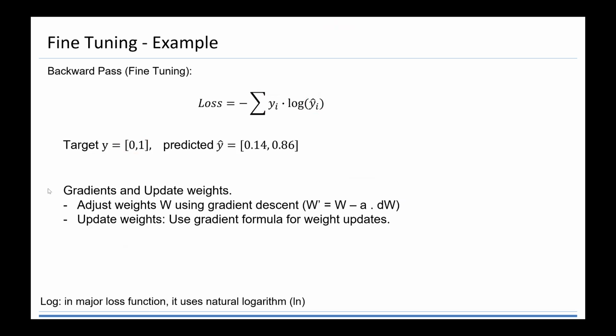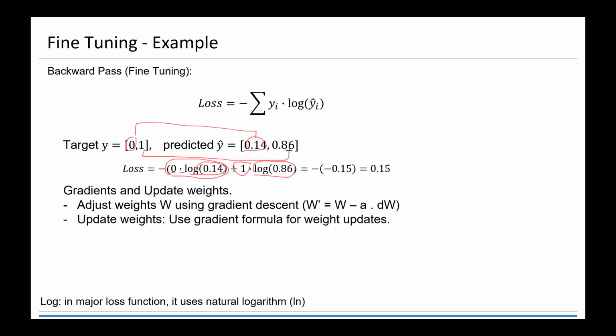So we can calculate this one by using the log function. Okay. Using the log function, we have the 0 multiplied by log 0.14, and then 1 multiplied by log 0.86.